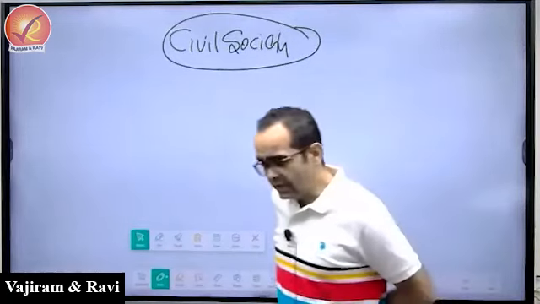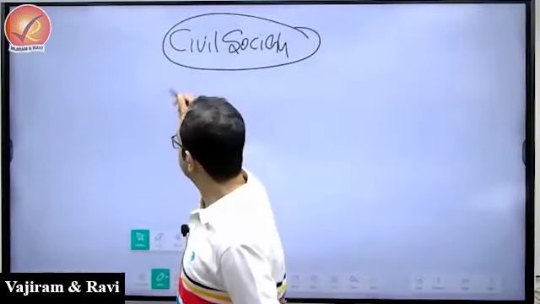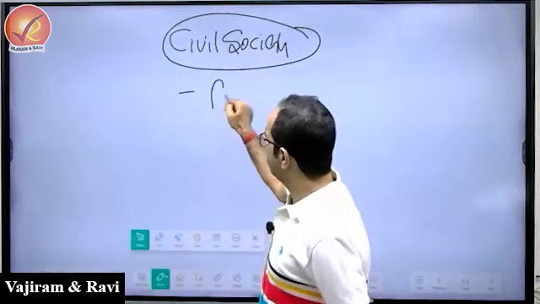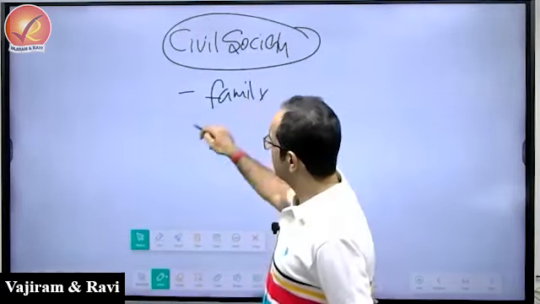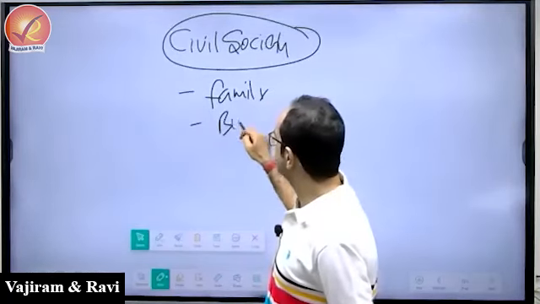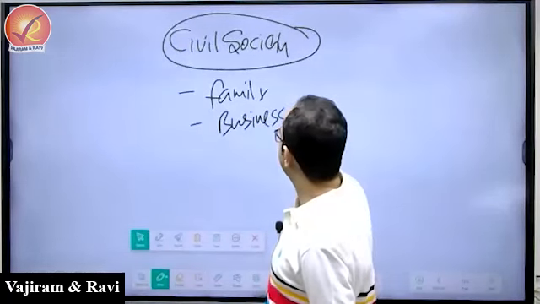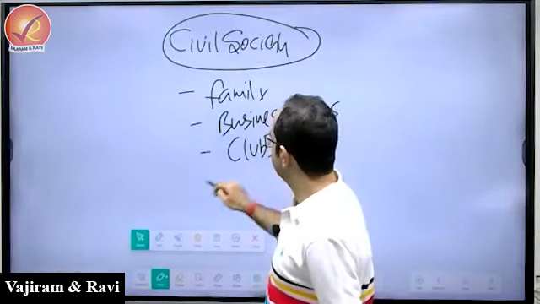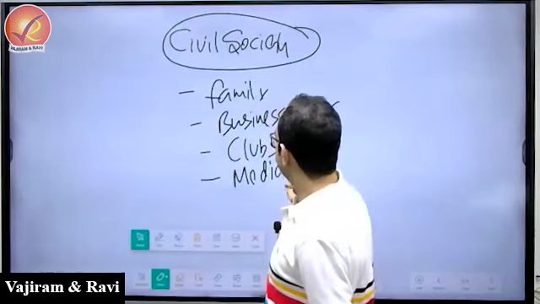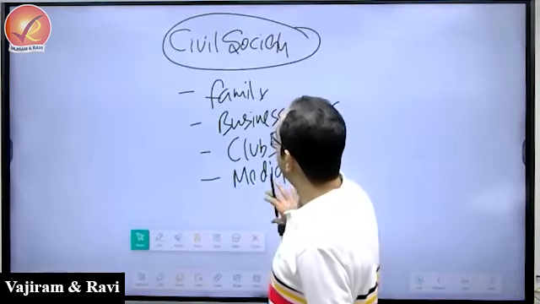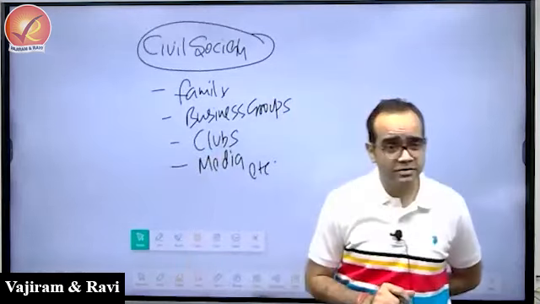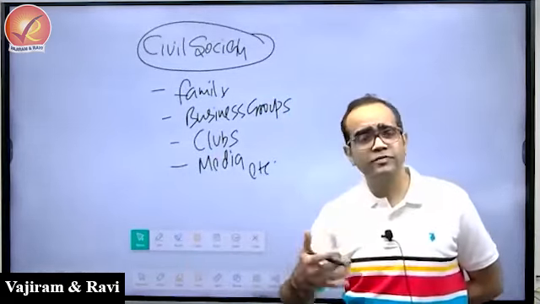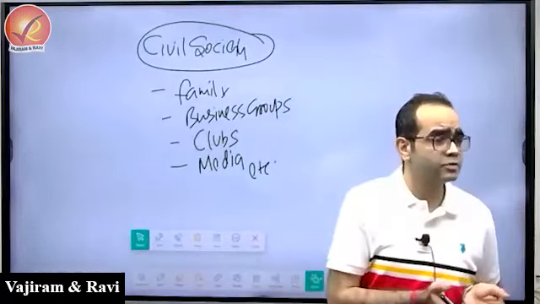If I give you examples: family, business groups, family business groups, clubs, media, etc. They are all part of civil society. What then is civil society? How do you define civil society? How do you understand civil society?